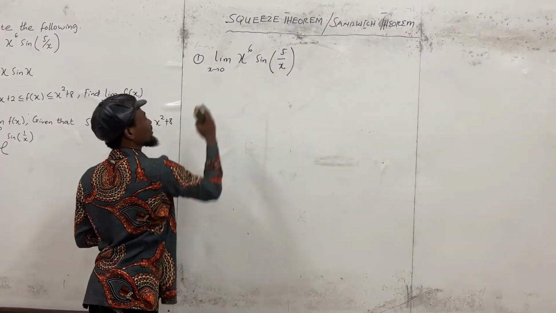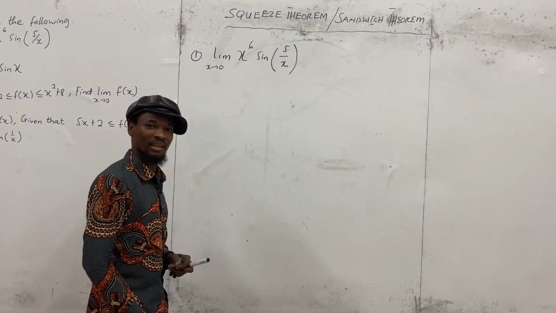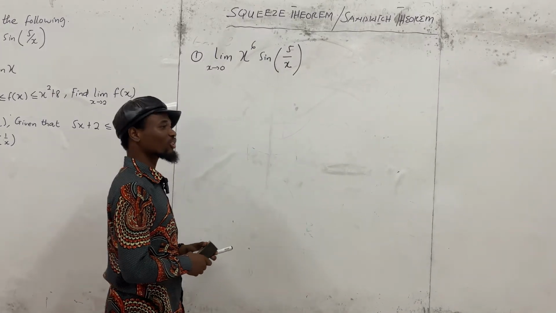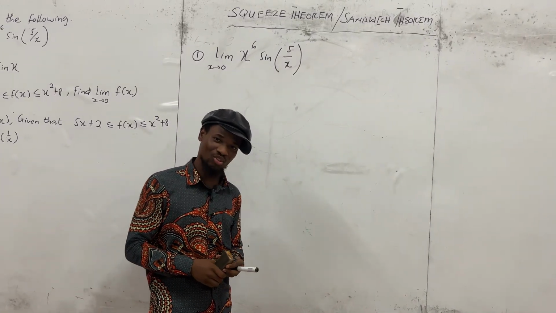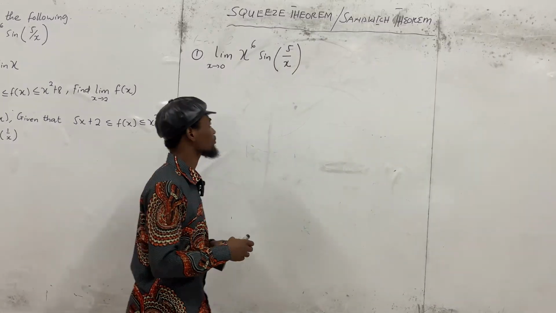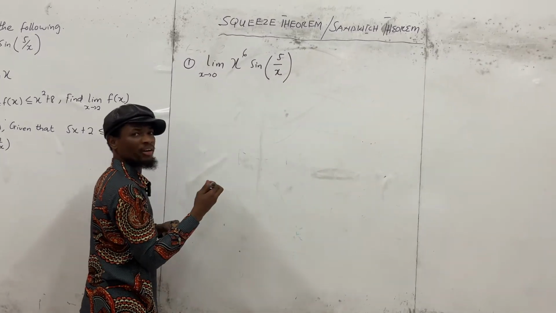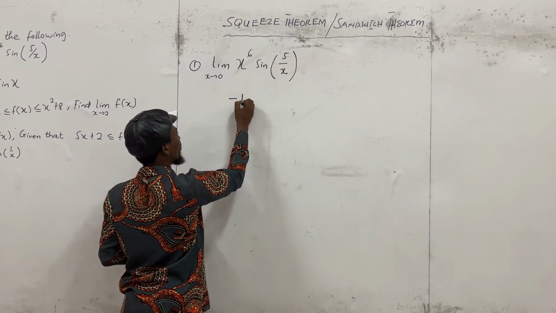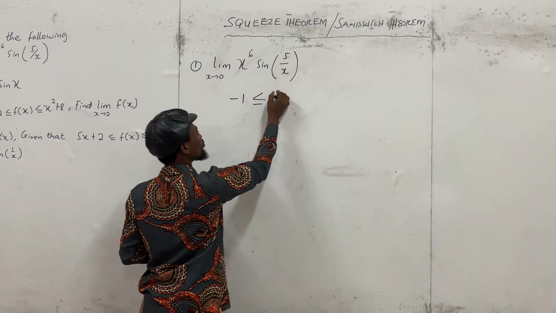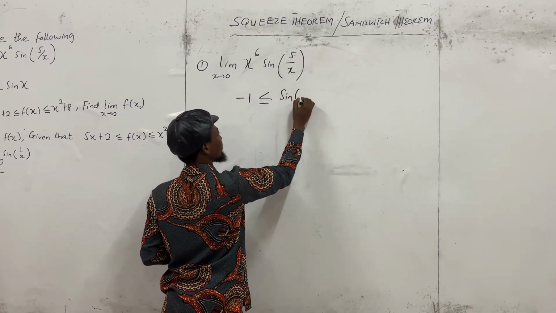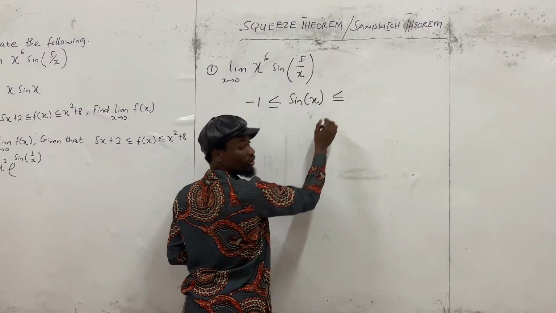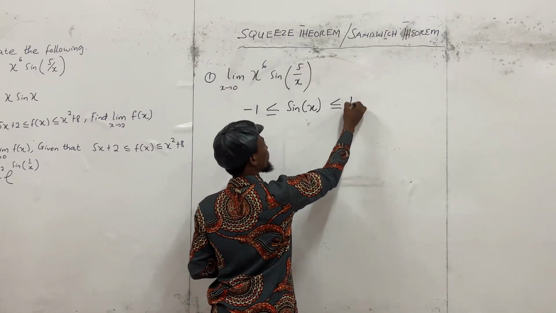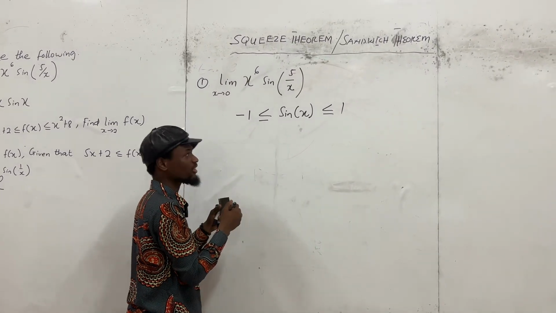Viewers, let us evaluate this limit. Let us consult our squeeze theorem, or the sandwich theorem. Now, remember whenever you have a sine function, we know that -1 is less than or equal to the sine function, less than or equal to +1. It's bounded, right?